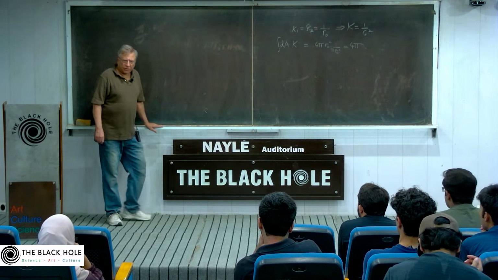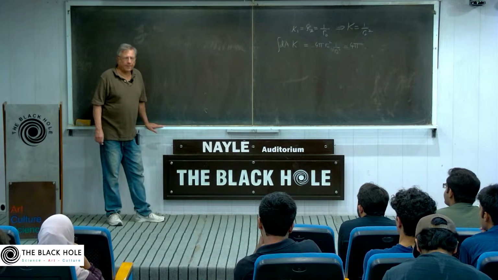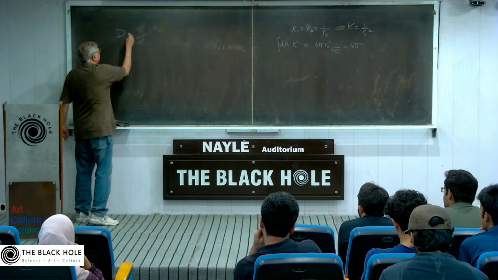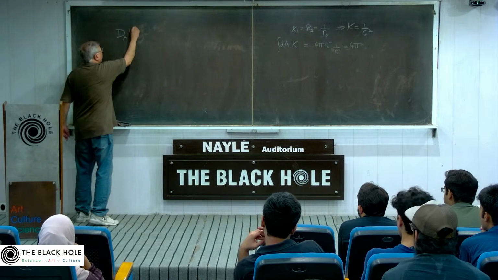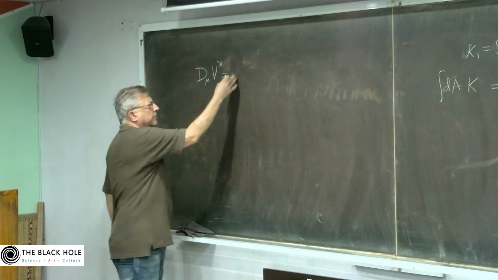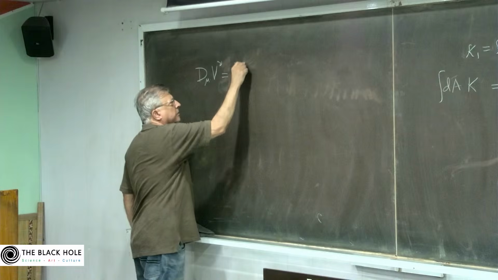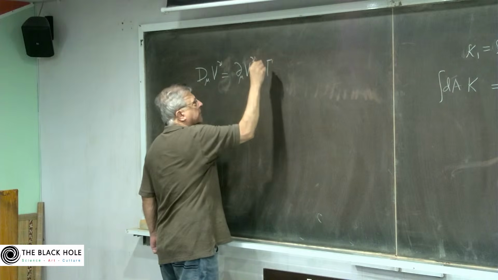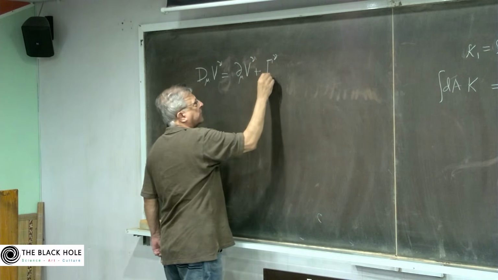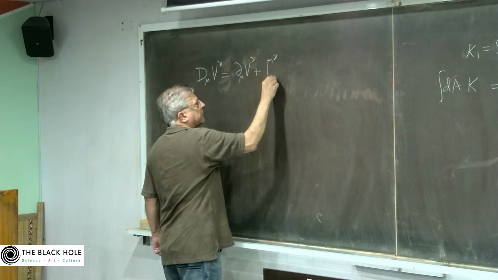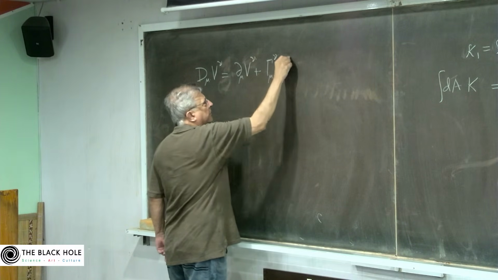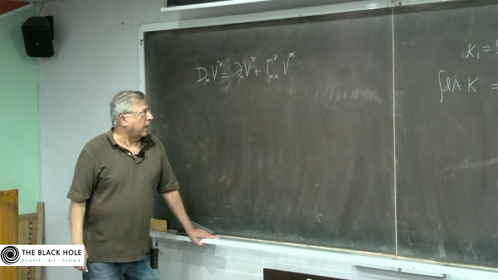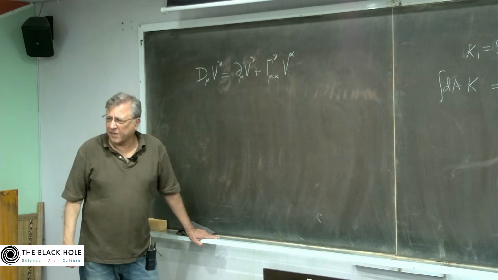The last time I talked about the covariant derivative and made a definition that d mu v nu equals partial mu v nu plus gamma nu mu something, like that. What was this covariant derivative?